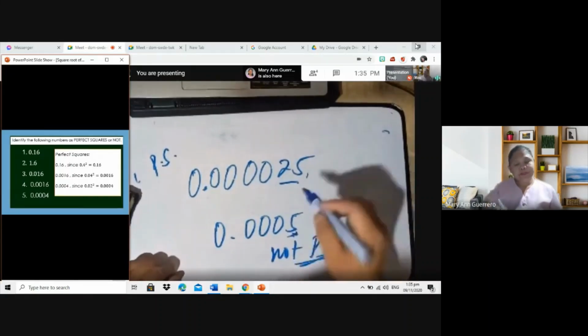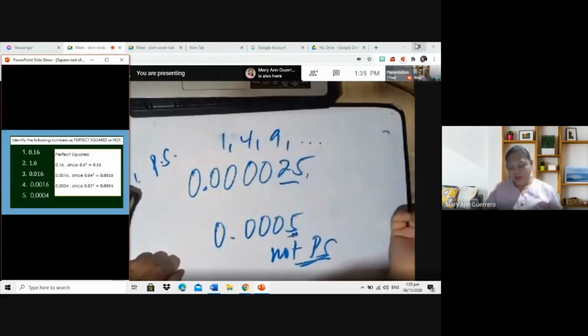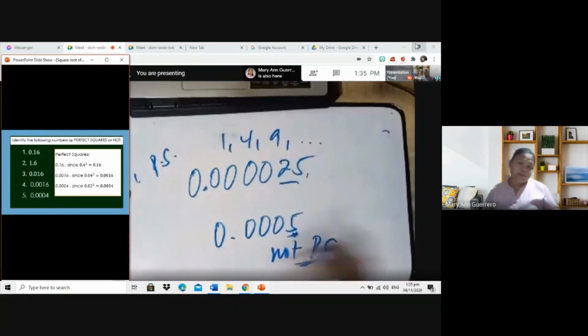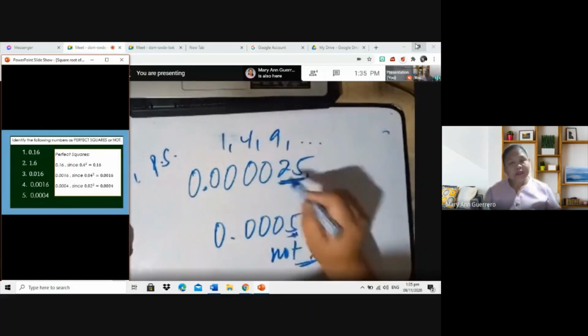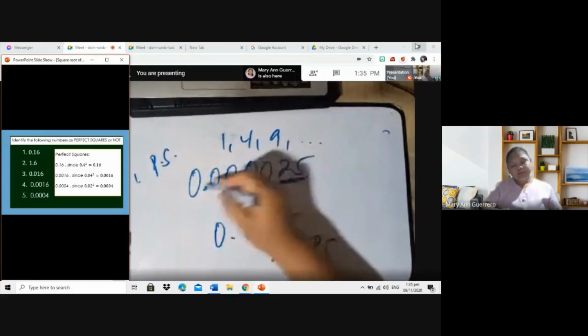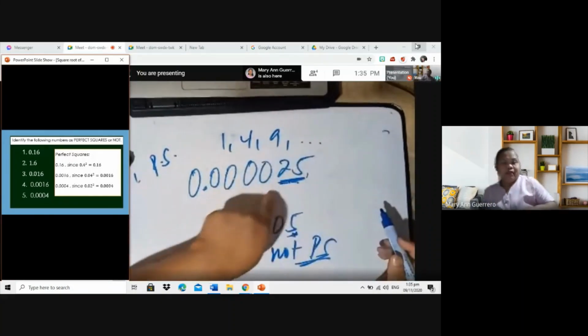Remember, ang perfect squares natin, 1, 4, 9, and so on. Walang 5. Therefore, hindi siya perfect square. So, first and foremost, kailangan yung ating non-zero digit ay perfect square. Then, saka palang bilangin kung even ba yung ating digit after the decimal point.